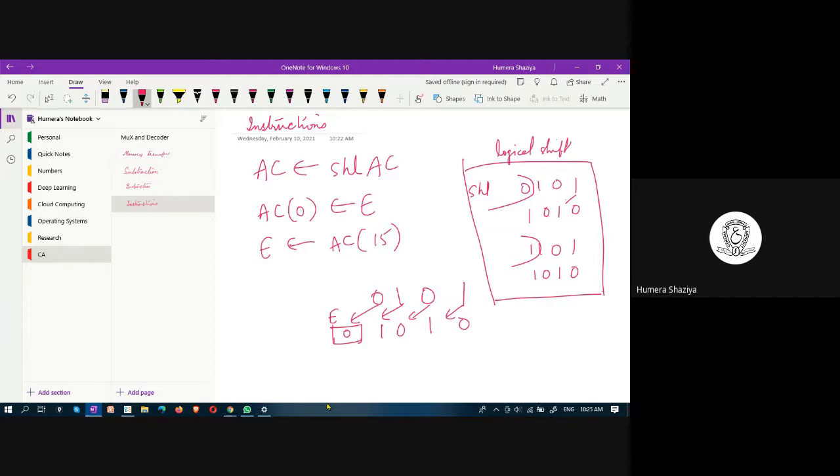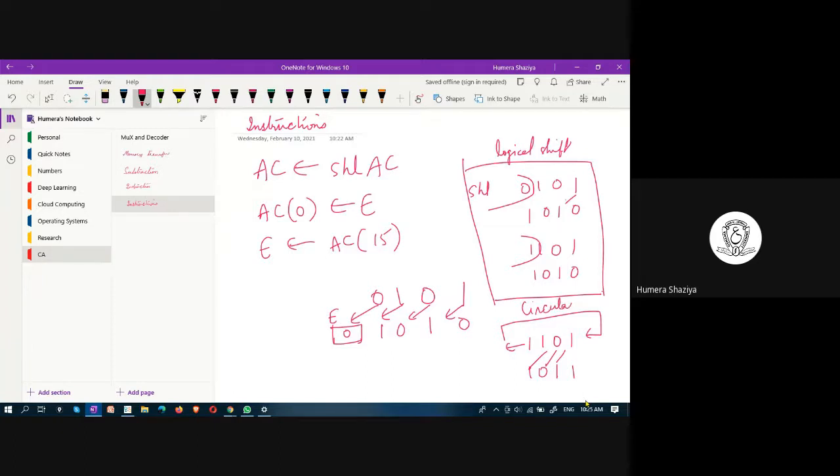When you talk about circular shift, what happens? With 1, 1, 0, 1, the bit which is going out will come back as input. So when you shift 1, 0, 1, this serial out is given again as the input. So 1 would come here. This is circular.